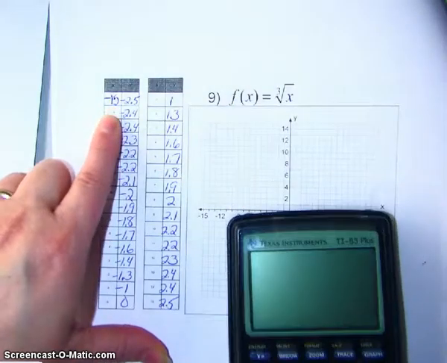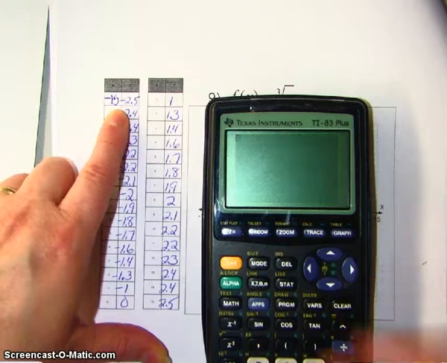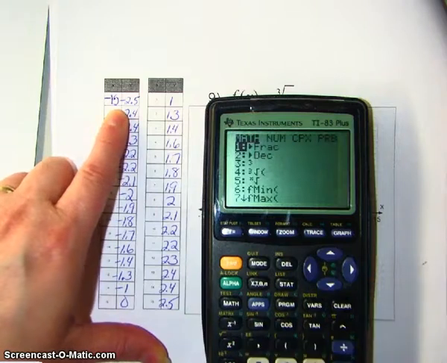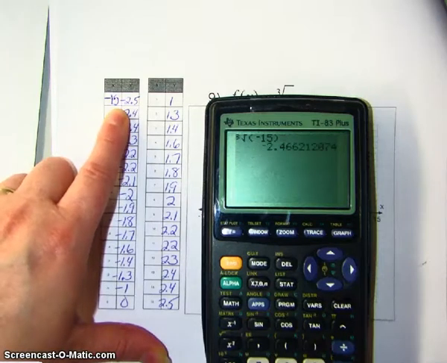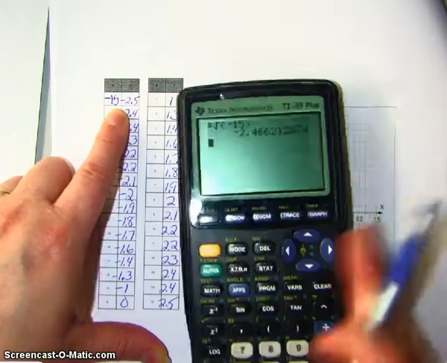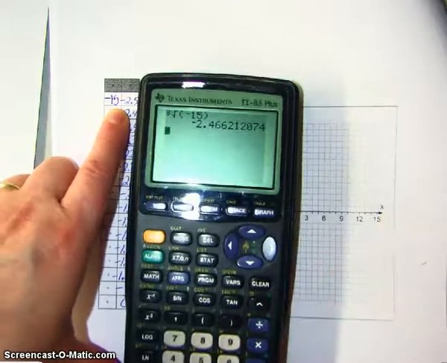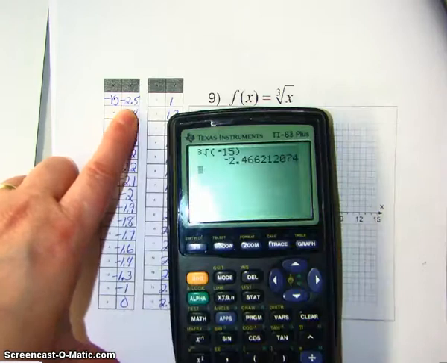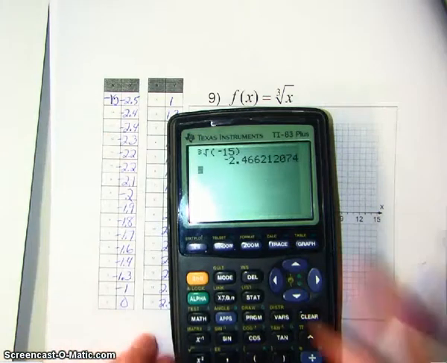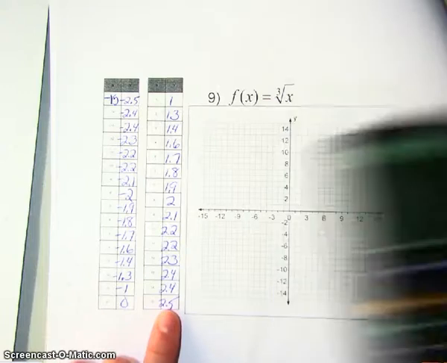I'm just going to go to math, choose the cubic root, which is choice 4, and plug in negative 15. That gives me negative 2.466. If I round that to one place after the decimal, it becomes negative 2.5. So that's what I did there. And like I said, for the sake of time, I already calculated all of those values.